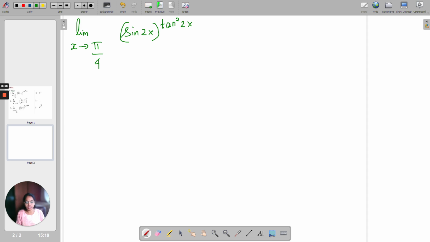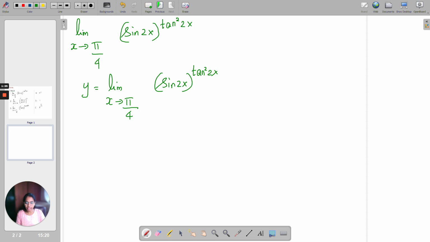So whenever you find something to the power of something, try plugging in the log function. So let me take y equal to the given question, that is, limit x tending to pi by 4 of (sin 2x) to the power tan square 2x.